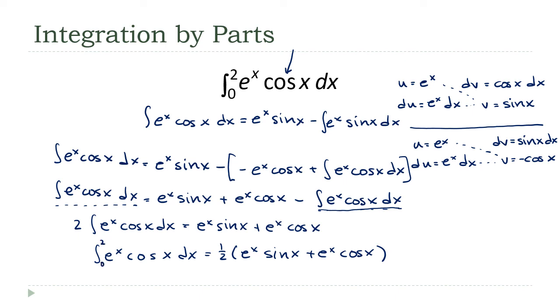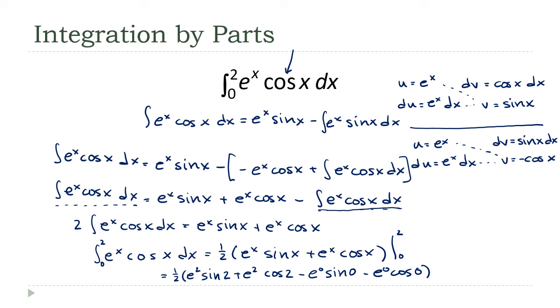I'm going to do this from 0 to 2. And let's see, this is 1/2 times e squared sine of 2 plus e squared cosine of 2 minus e to the 0 sine of 0 minus e to the 0 cosine of 0.